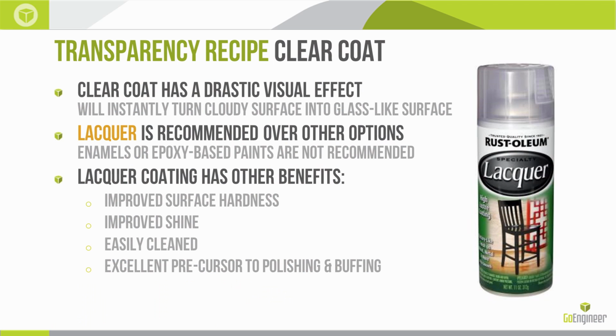So then the next step in this recipe is actually the clear coat. The clear coat has an extremely drastic effect visually on these parts. As soon as you hit that part with the clear coat, it's instantly going to turn that hazy, cloudy surface into a more glass-like surface. So what's happening microscopically is when you sand that part, you're creating all these little ridges and troughs, a little mountain, right?